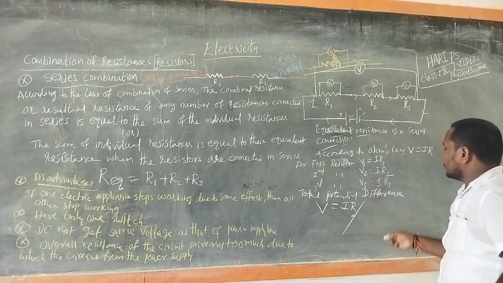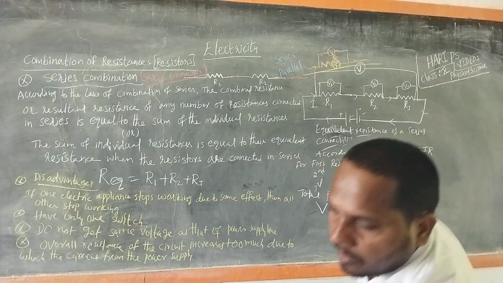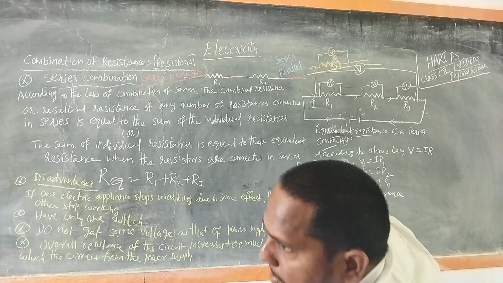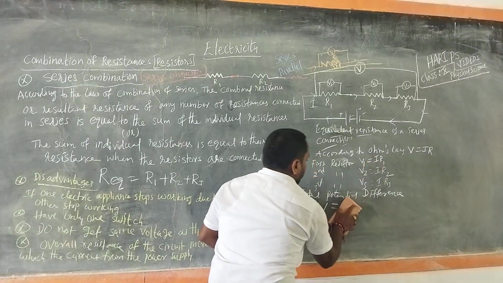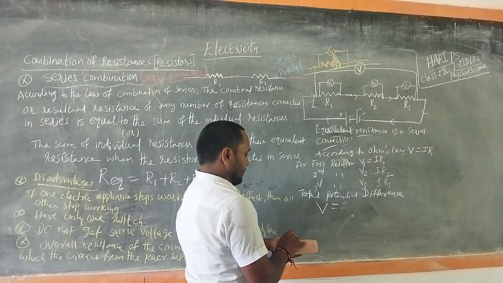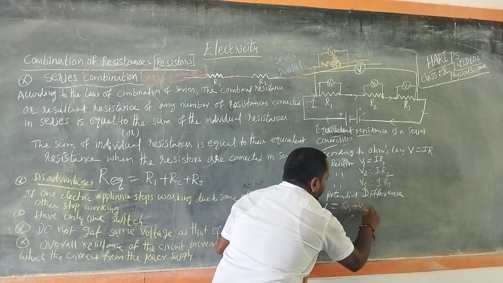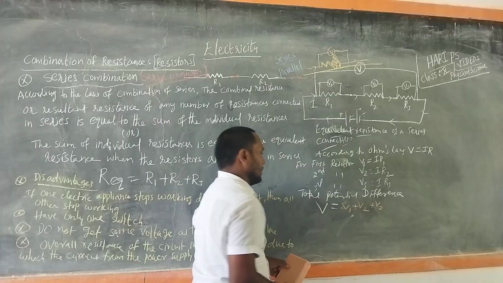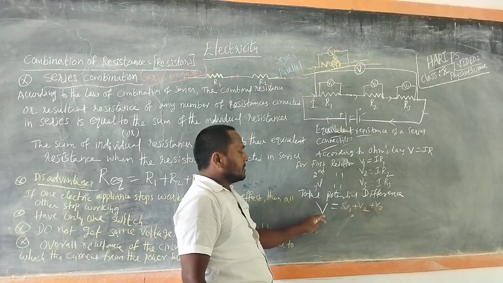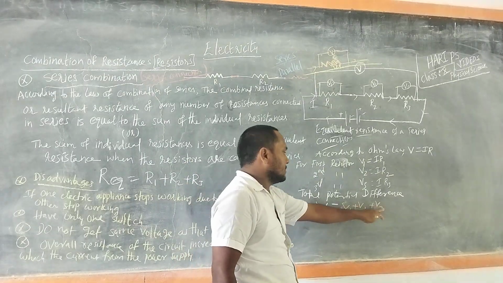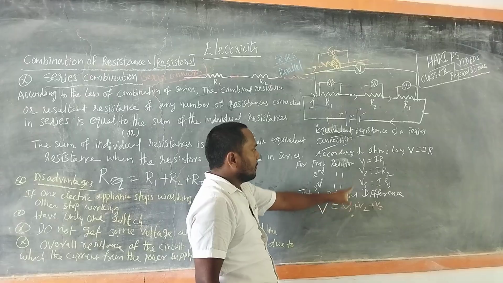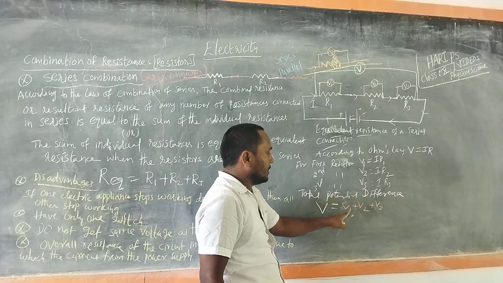So from this we can write, total potential difference is V1 plus V2 plus V3. Substitute V1, V2, V3 in the equation.